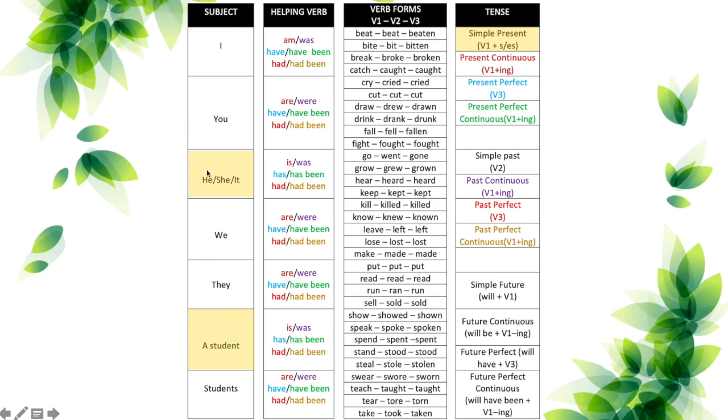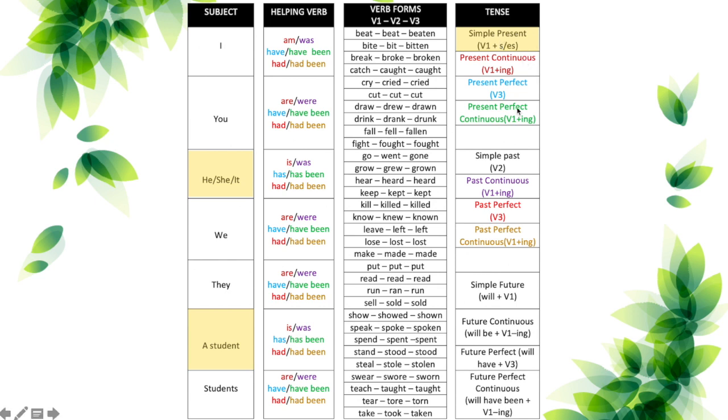So everything that is in a third person singular, you will always have the verb taking an additional S. So it will be he breaks, she breaks, it breaks, we break, no additional S, they break, a student breaks because it is a third person singular, and students break. That was your simple present.